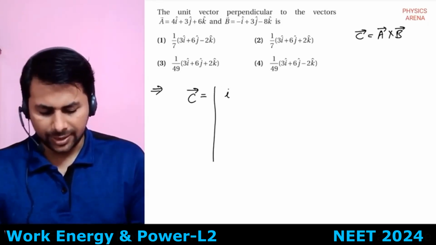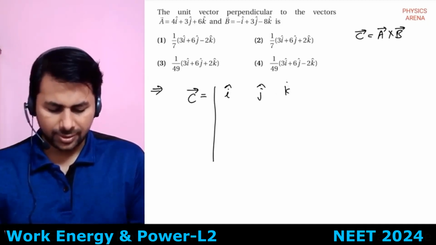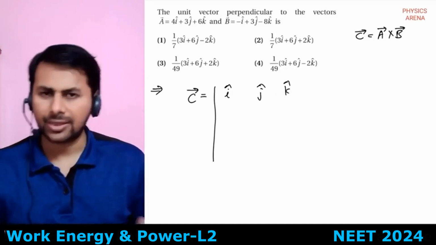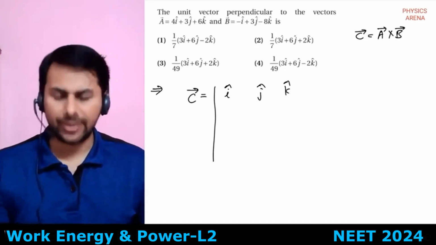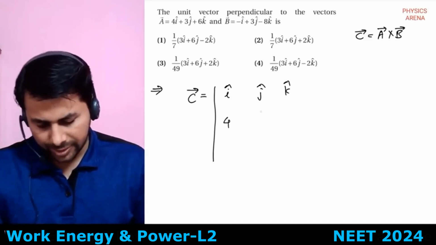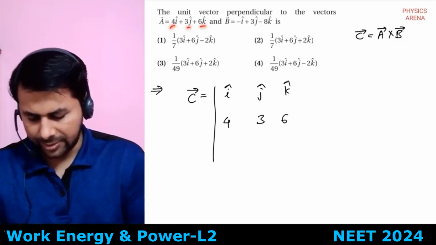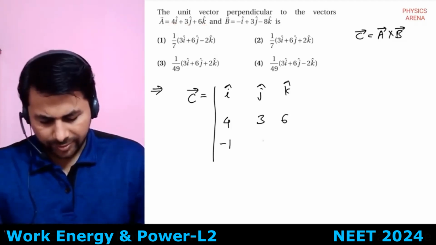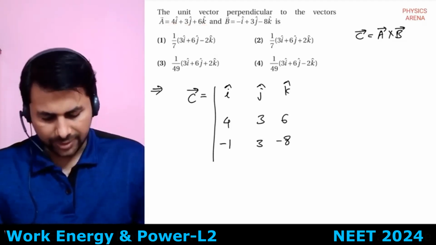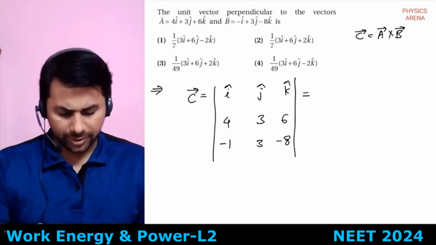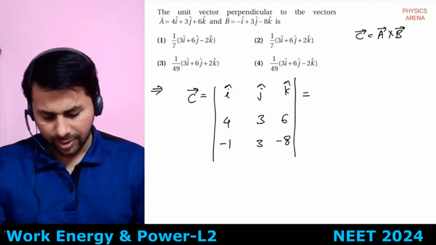So write I, J, K, then AX, AY, AZ, BX, BY, BZ. So that is 4, 3, 6. Okay. AX, AY, AZ. Minus 1, 3, minus 8. Then find out this determinant.